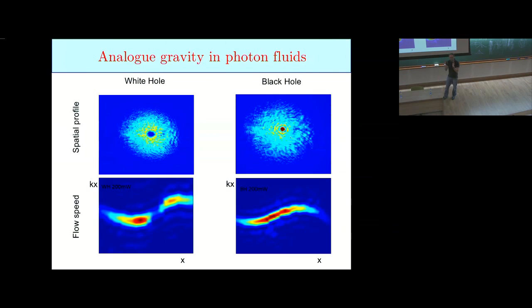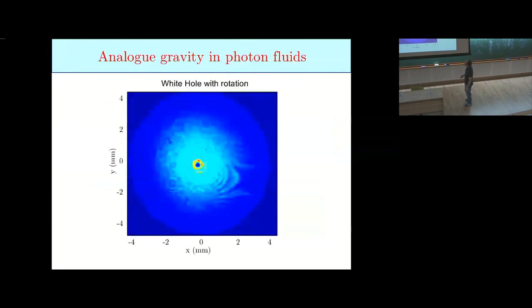If I go at exactly distance f from a lens, I have the Fourier transform of my beam. So I can very easily, quickly measure what the k vector content of my beam is as a function of position, okay? And you see this behavior, which is exactly what we're predicting for these black and white holes. So there's no rotation here.